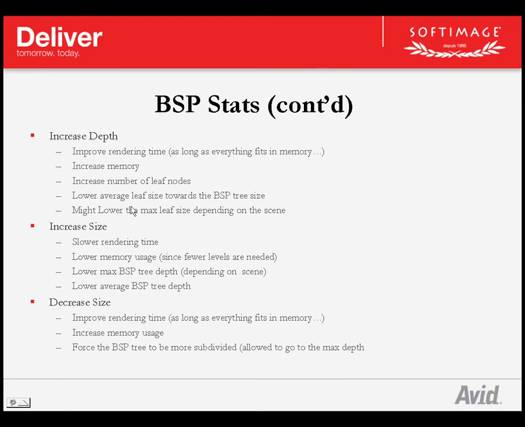So let's say, for example, you have 1,000 triangles in the scene, and my size is 500, and my depth is infinite. Then chances are it will only split the scene in two, because it will create two voxels of 500 and stop there.